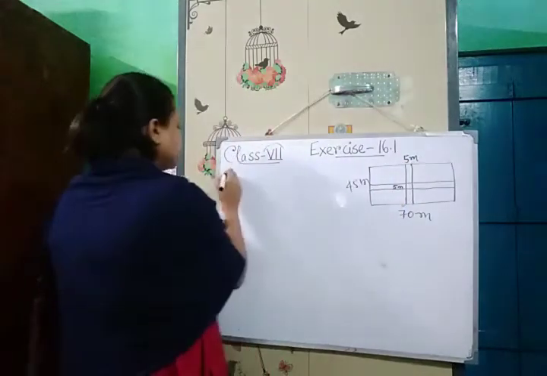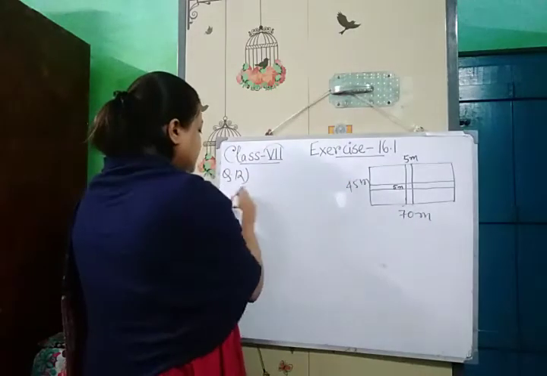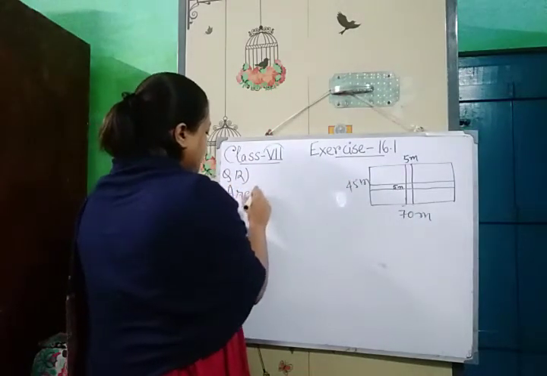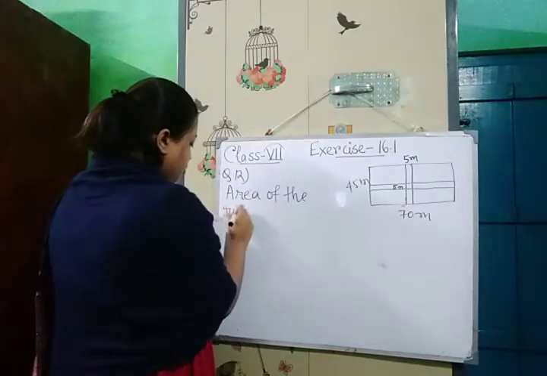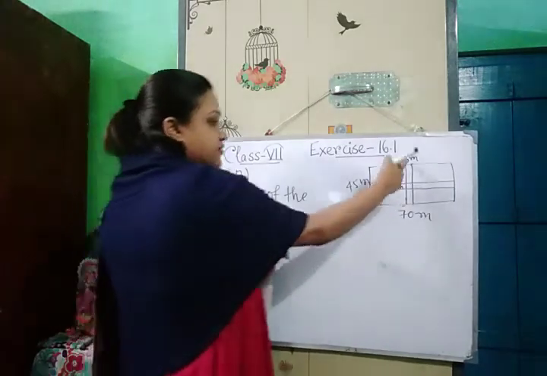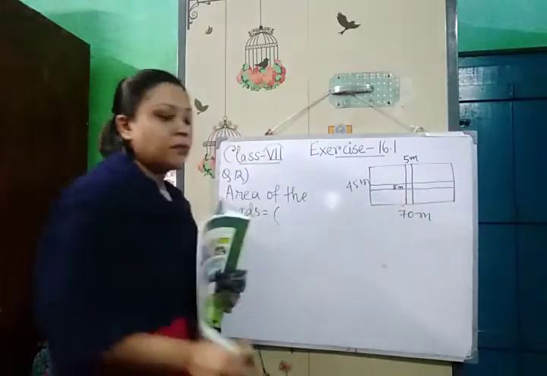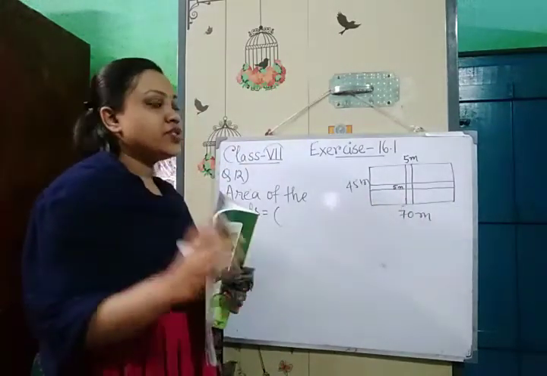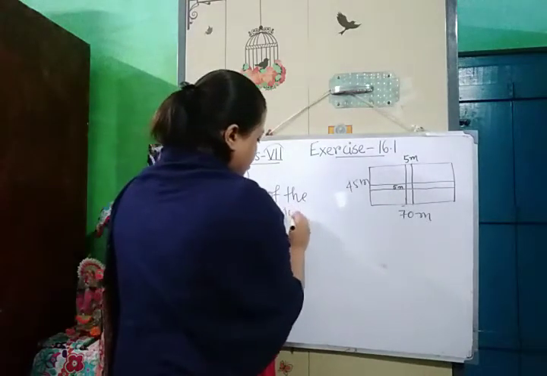So what will be the area of this road? I am just directly writing the area of the roads. This is 45 meter and this is 5 meter for this road. So the area of this road will be length into breadth, 45 into 5.